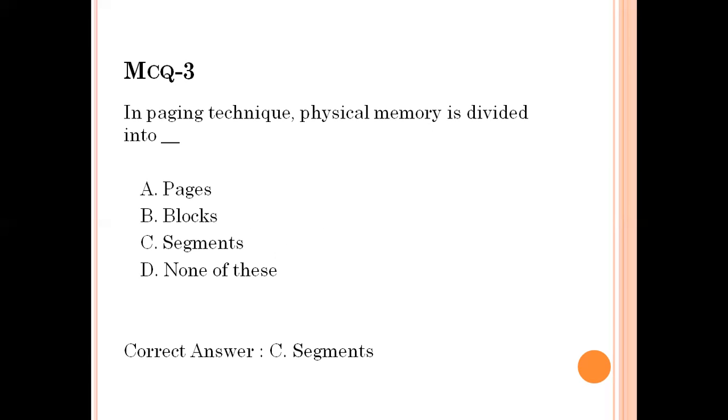In paging technique, physical memory is divided into what? Physical memory is divided into blocks, whereas job address space is divided into pages. The correct answer is B. Oh, sorry, the correct answer is not segment. The correct answer is block.